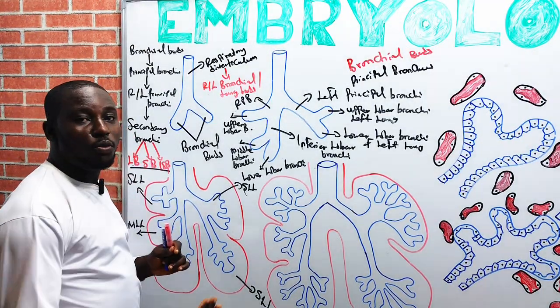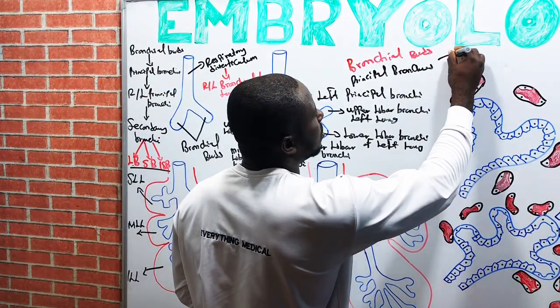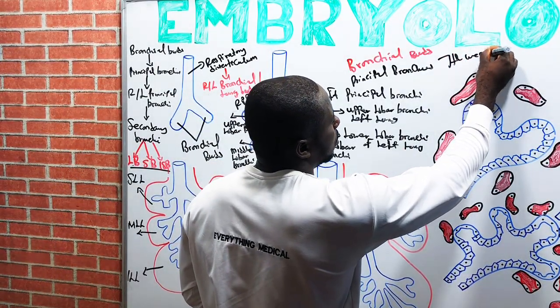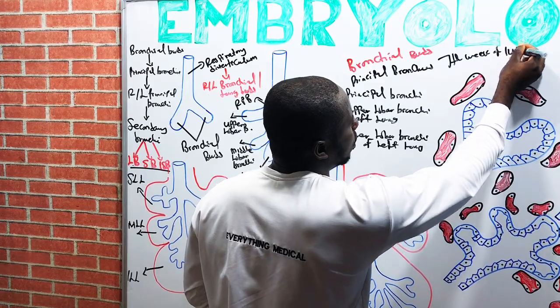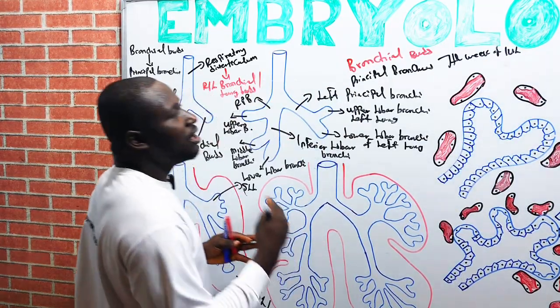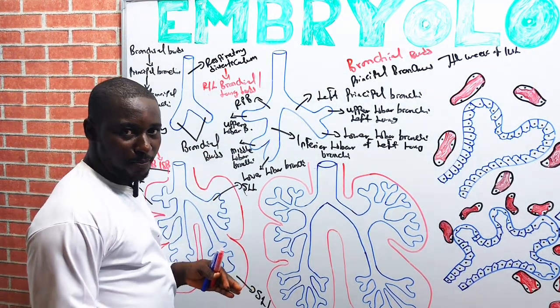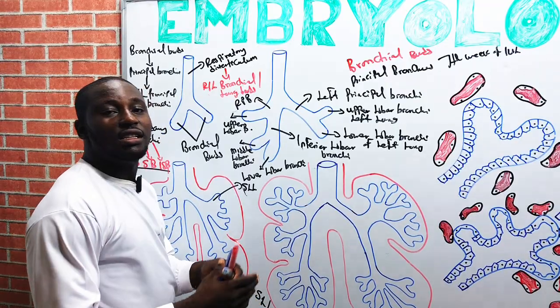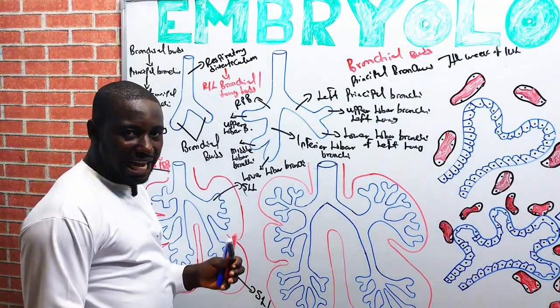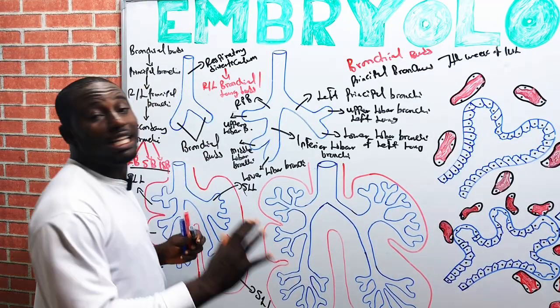It begins to form from the 7th week of IUL, intrauterine life. Now, each of these segmental bronchi and the surrounding mass of mesenchyme forms the bronchopulmonary segment. That is the major essence.